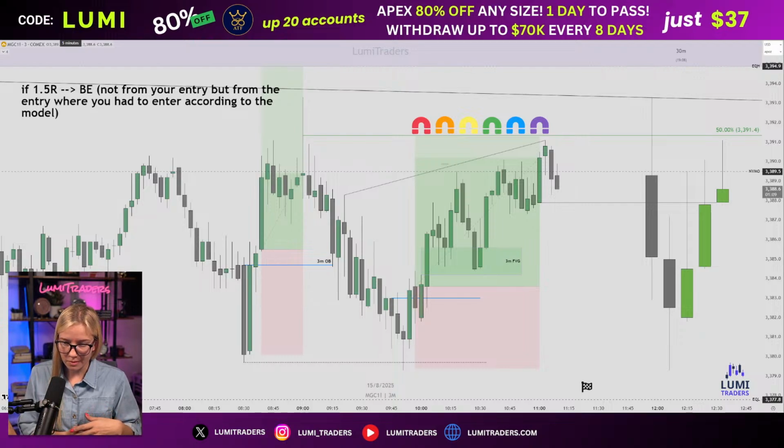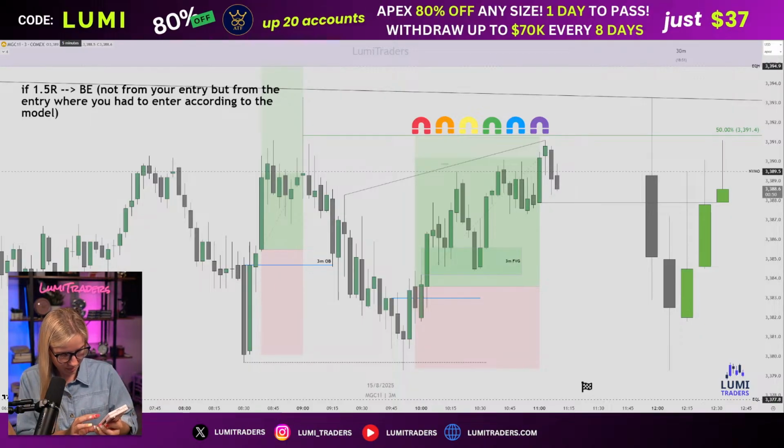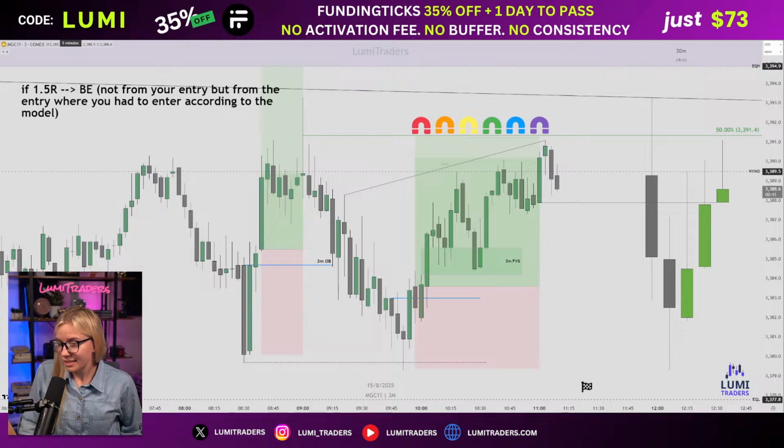And when you're trying to recover, 99.99999% of the time, you have no bias, you have no setup, you have no model. Simply your desire to recover. That's it. Nothing else. And this is what helps you blow your account. The best advice is just close your trading platform, whatever you trade. Close your trading platform, turn off your computer for 30 minutes, just walk away and come back with a fresh mind.